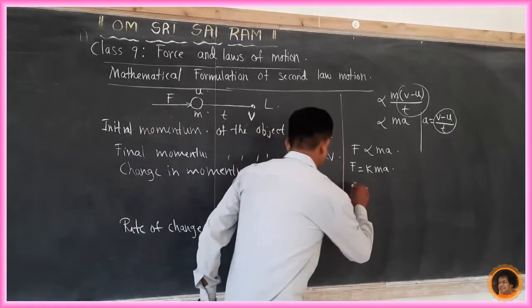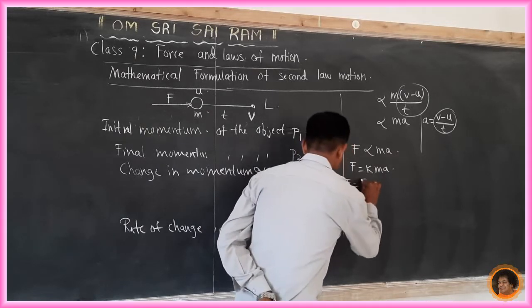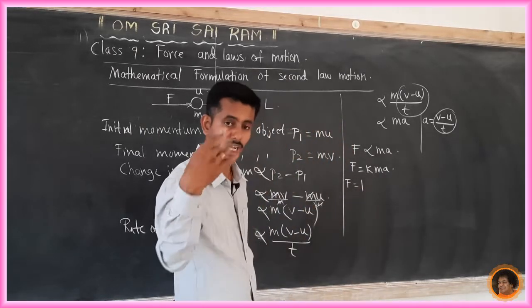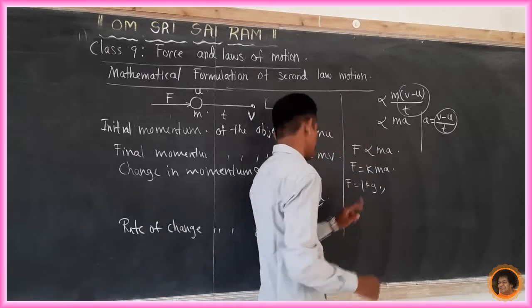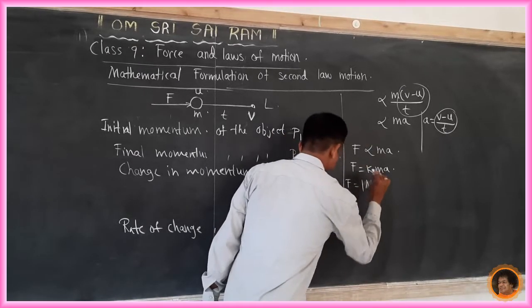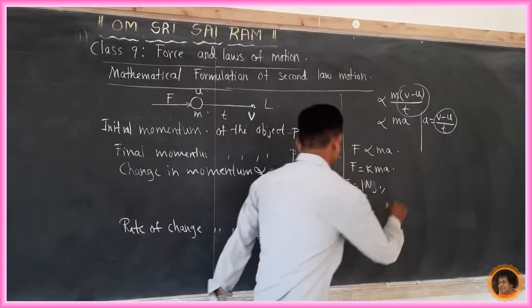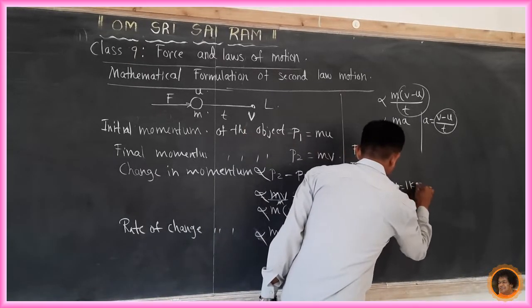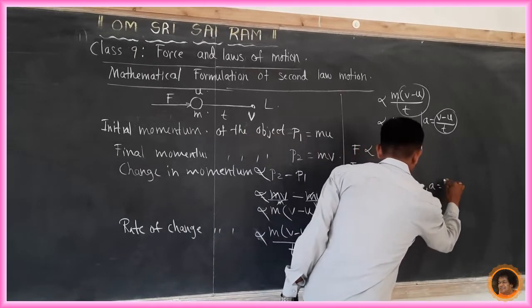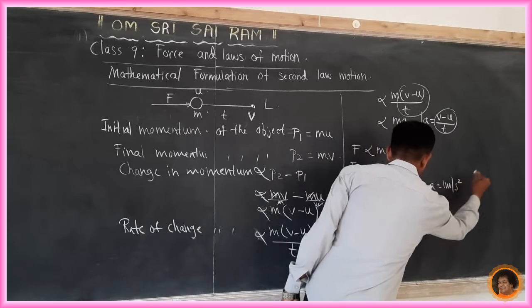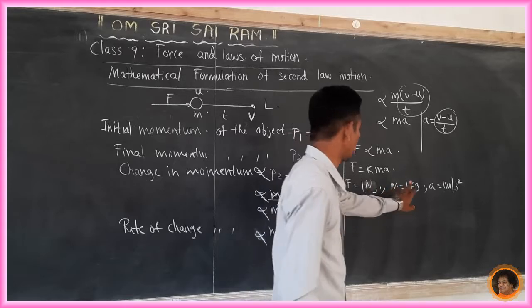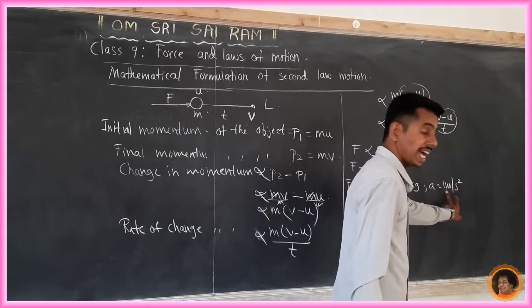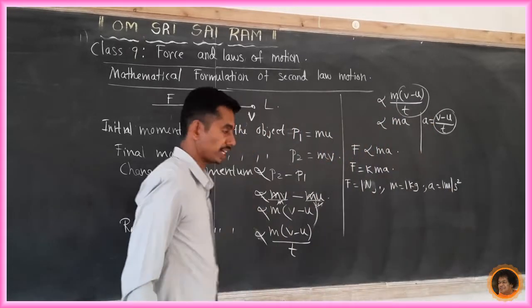Why? You have to assume force F equal to 1 Newton, mass equal to 1 kg, acceleration equal to 1 meter per second squared.